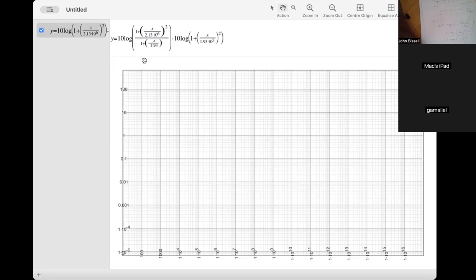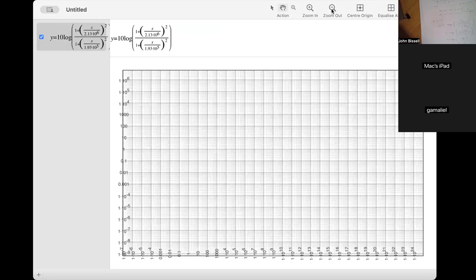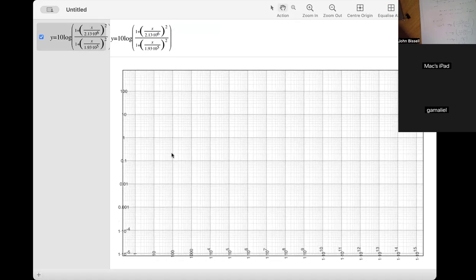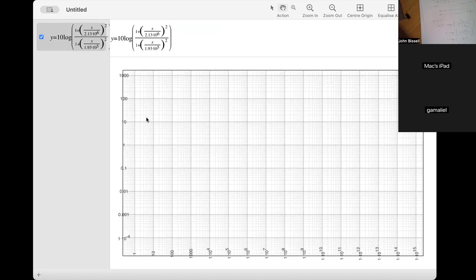Do you still see this? I think that should work out. Should be the same, right? It's probably possibly because I've got both axes as logarithmic.